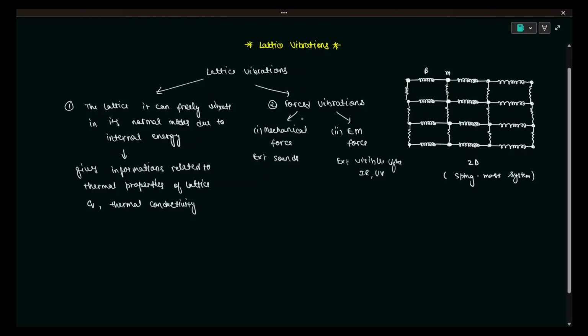While the second type, forced vibrations, can give me two types of information. For mechanical force, such as generated by sound, they can give me some acoustical properties of the lattice, while this EM force can give us information about the optical properties.